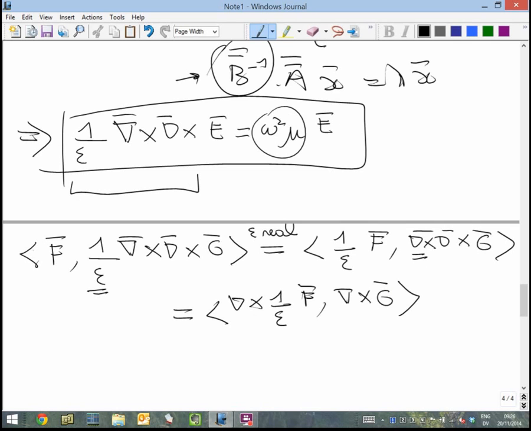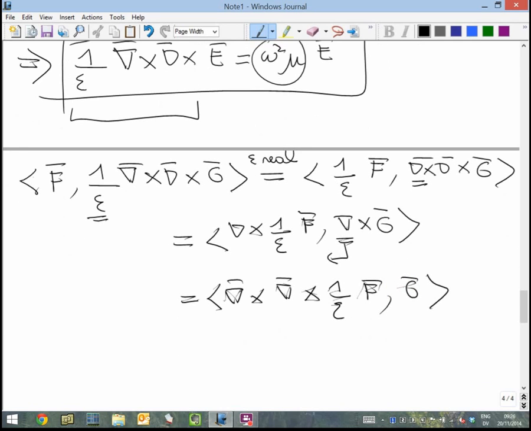If we apply that formula twice, and now bringing this curl over to the first factor, we have curl 1 over epsilon f. So this is what we have when we try to reconstruct this operator in the left-hand side.